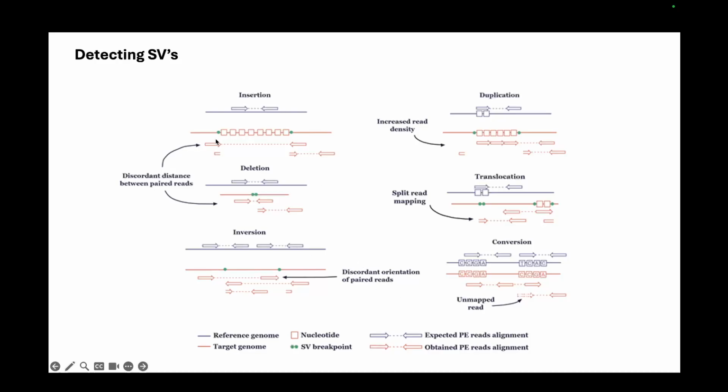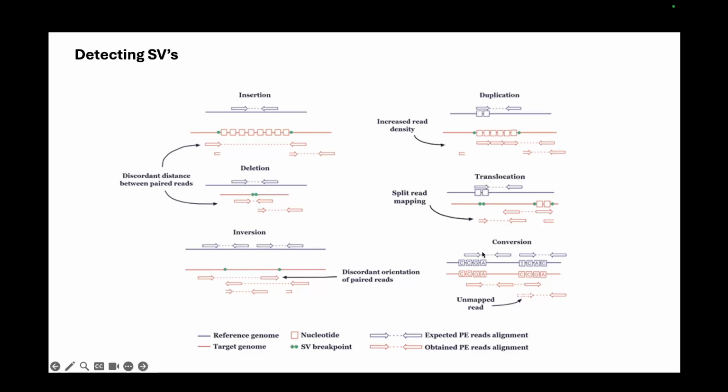One is paired read. You have Illumina paired read data, and you know before sequencing how far apart these read pairs were in the original genome, and then you can see during alignment how far apart they actually are. So there can be discordant distance between paired reads. There can be increased density, where suddenly the coverage has increased, which means there might be a duplication.